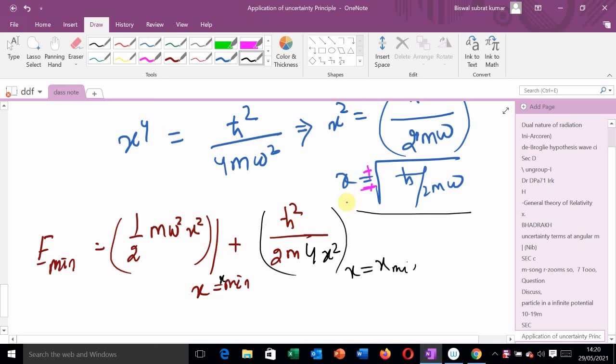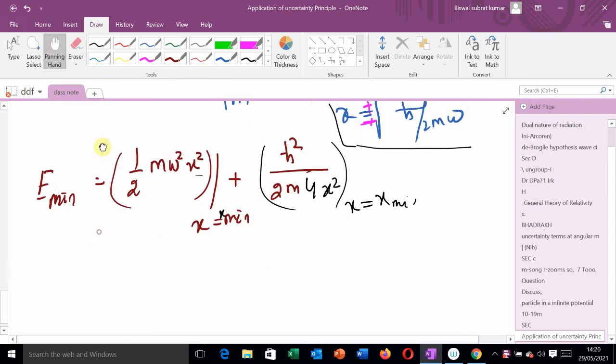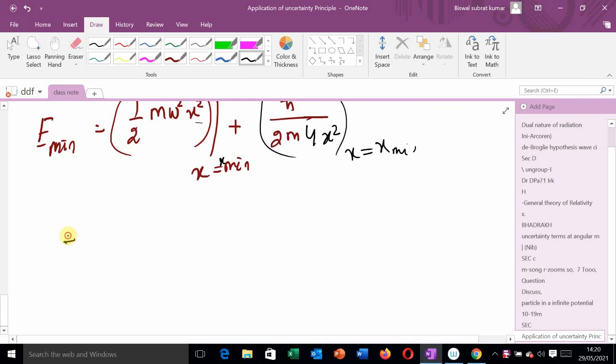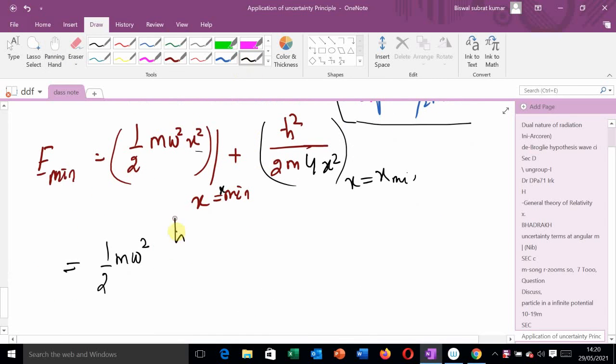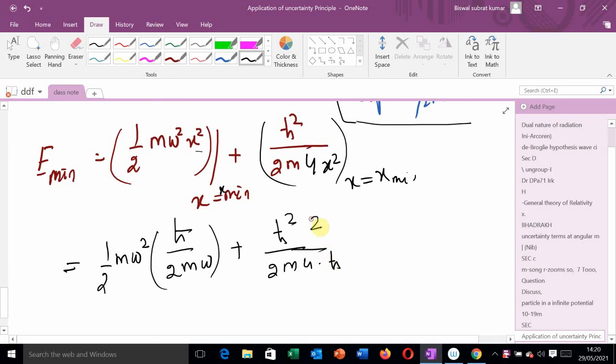So now you put this expression of x in this equation. Now what do you get? Half m omega square x square. We can put the value of x square here, which is h cross by 2m omega, and this expression squared, and put in the h cross value. So h cross square will be this much.